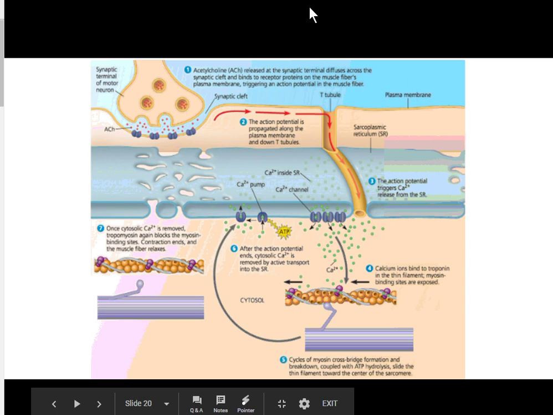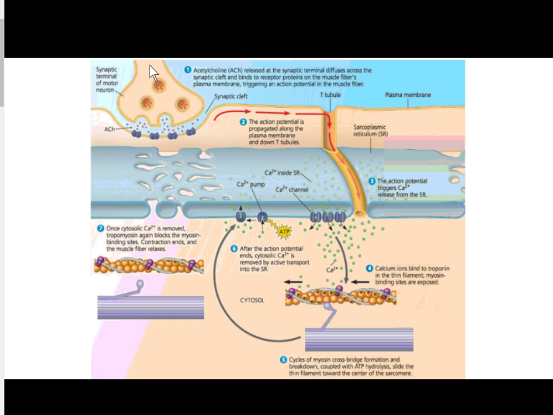So tying it all together, you've got a signal coming from a nerve, releases a neurotransmitter, goes across the synapse, attaches to some sort of a receptor that causes that signal to move. It can cause the signal to move in a way that releases calcium from the sarcoplasmic reticulum, a type of endoplasmic reticulum.